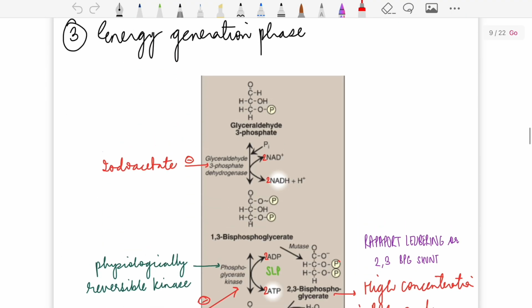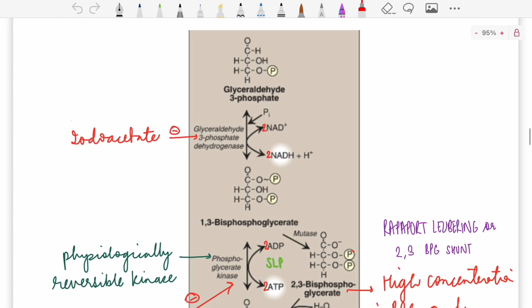Coming to the energy generation phase, G3P is converted to 1,3-bisphosphoglycerate, and here 2 NAD plus is converted to 2 NADH, right? So remember this point, it is energy generation. Iodoacetate inhibits this enzyme, thus it inhibits the process of glycolysis also.